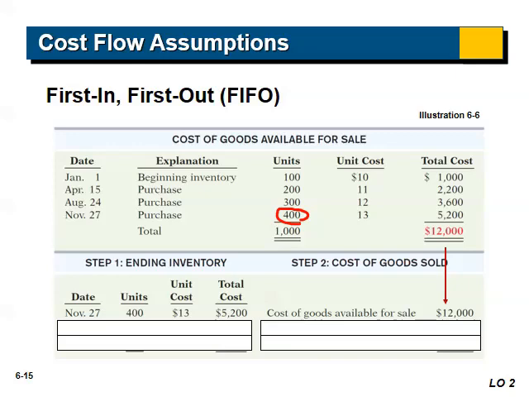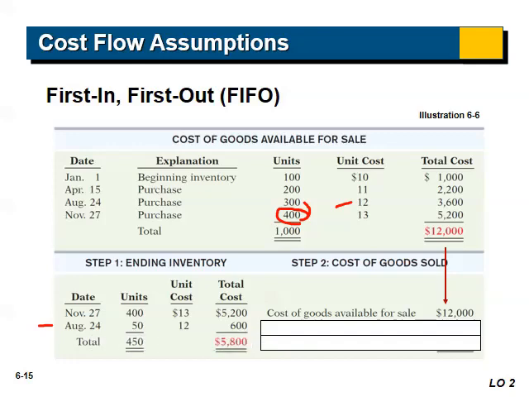So the last ones in are the $13 ones, but that only gets us to 400. We know that we have 450 on hand, so we need 50 from the next lot up, which is the $12 lot. So we also had 50 at 12, which gives us the 450 units that we know are on hand.